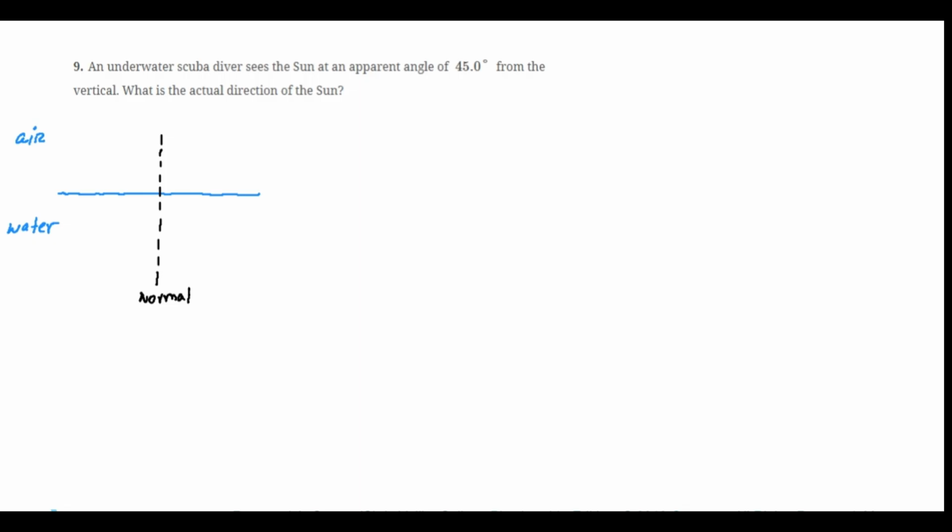And then our scuba diver, when he looks from the bottom, from under the water, to the sun, he sees the sun at an angle of 45 degrees.